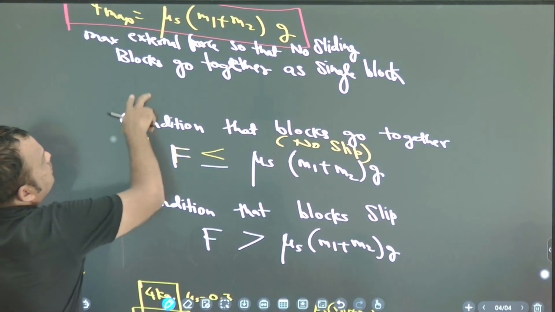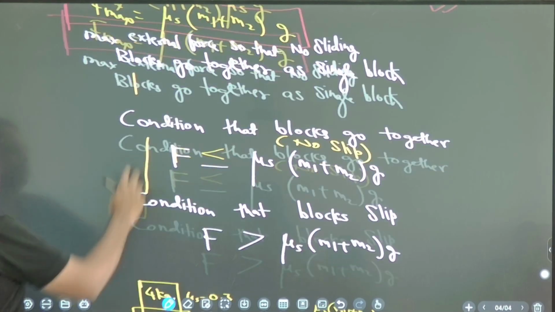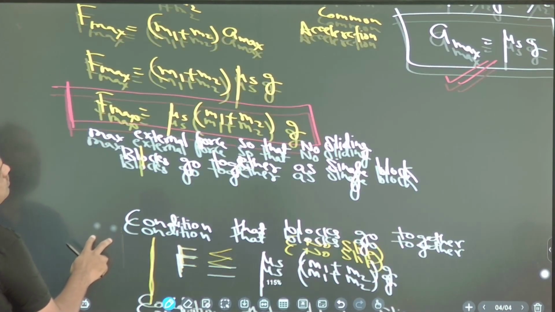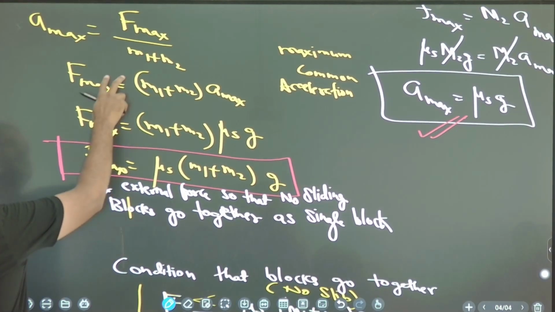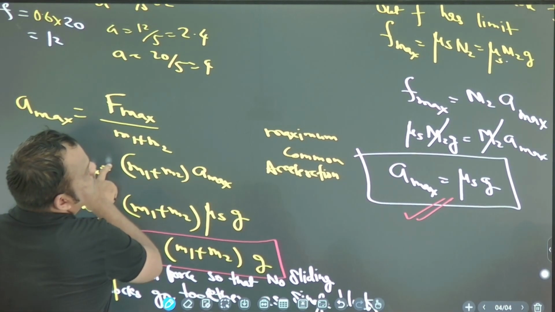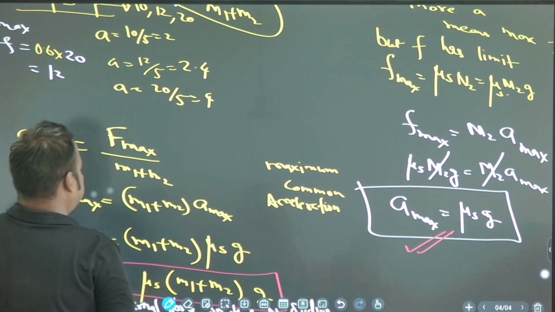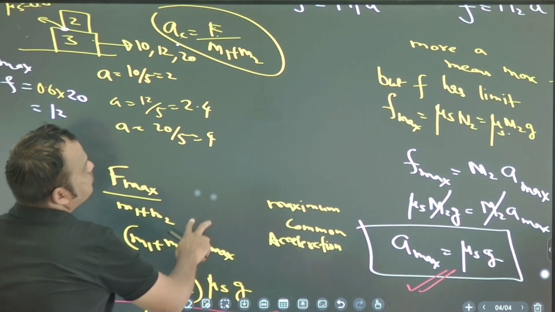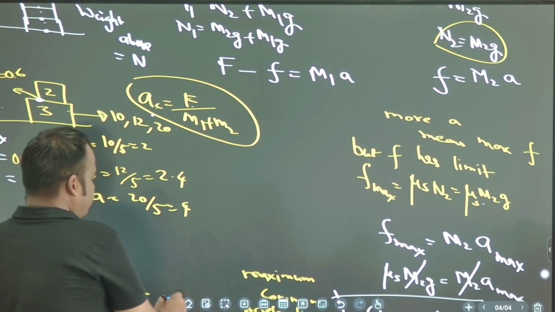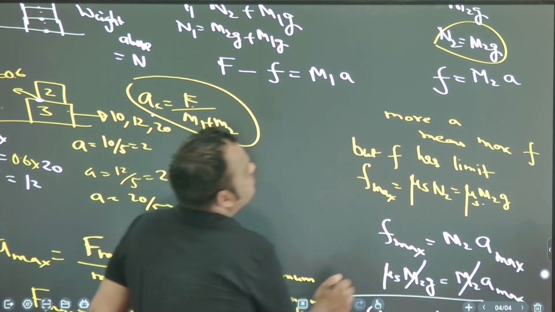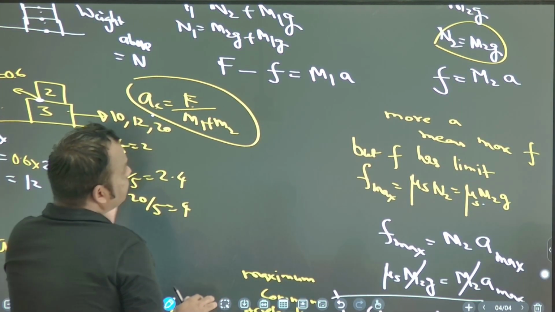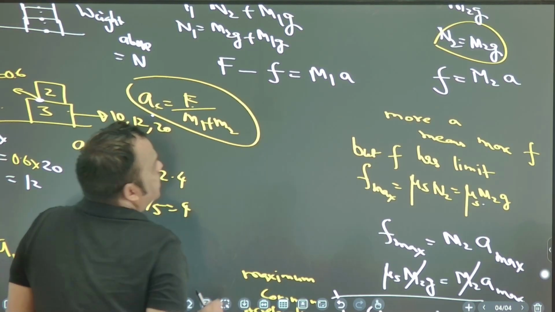If common acceleration is there, what is the friction? M2 into A. Remember, this is the friction: M2 into A.